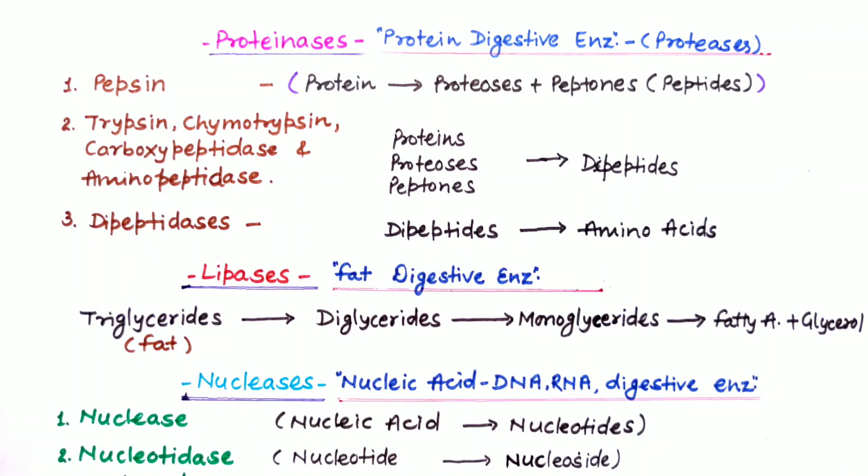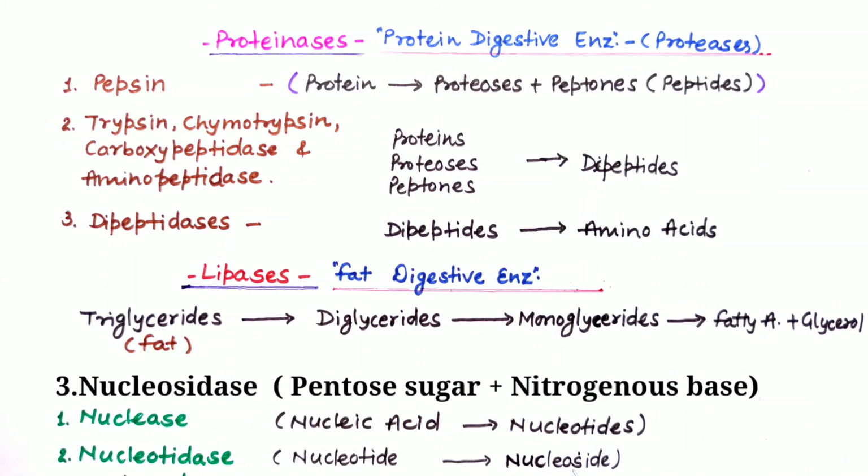There is a respective nuclease for DNA and RNA, deoxyribonucleases and ribonucleases. Nucleotides are further simplified into nucleosides with the help of nucleotidases, and finally these nucleosides are converted into the simplest ones, pentose sugar and nitrogenous bases, with the help of nucleosidases.